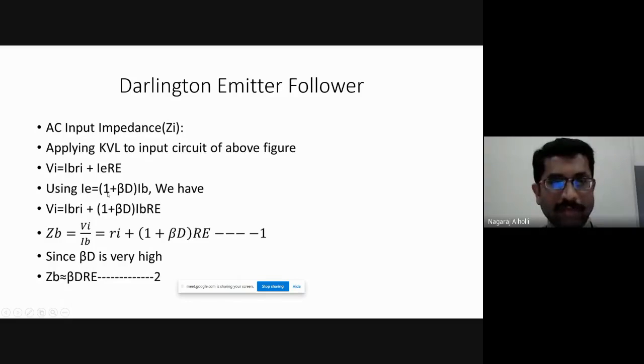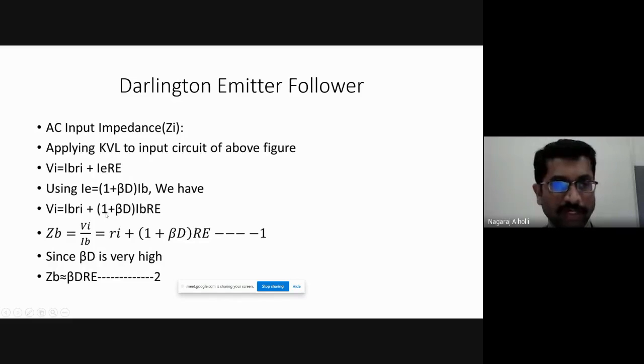Therefore, I is equal to 1 plus beta d into Ib. Substituting this into the equation for Vi, we get Vi equal to Ib Ri plus 1 plus beta d into Ib into Re.